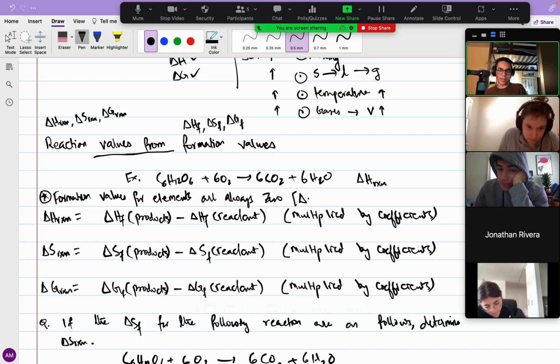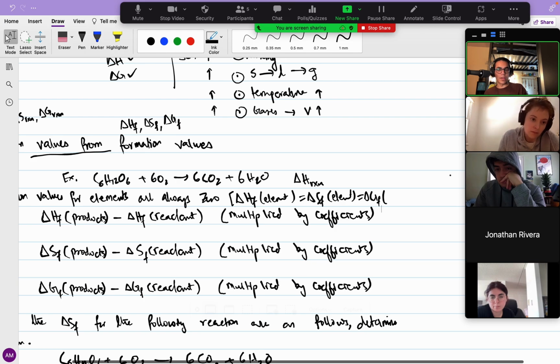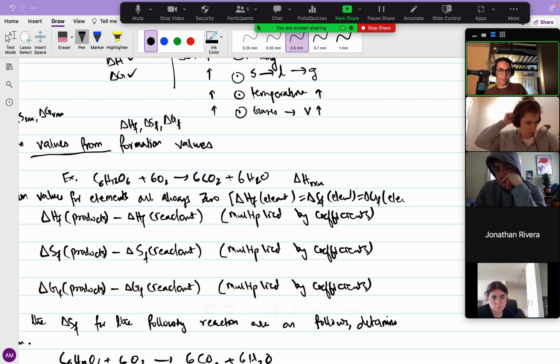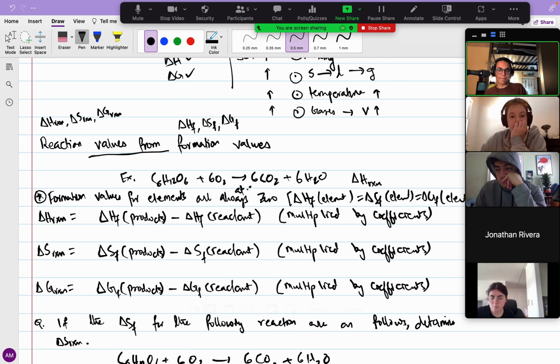And so delta HF of an element, delta SF of an element, and delta GF of an element are all 0s, with one caveat: they are always 0 at standard conditions.